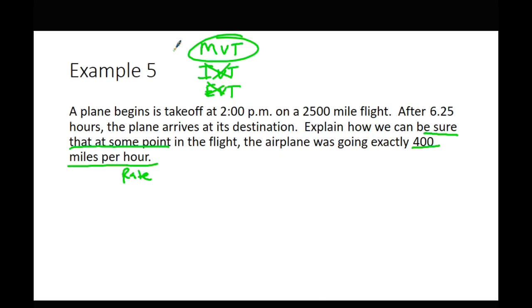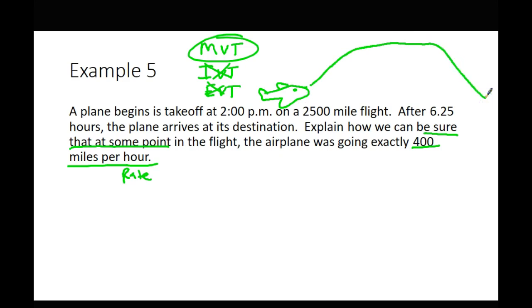So there are some clues in this word problem that suggest you would apply the mean value theorem to this particular problem. So what we have is an airplane. I'll draw a little airplane here. And it's going to take off, stay in the air for a while, and then land, right?